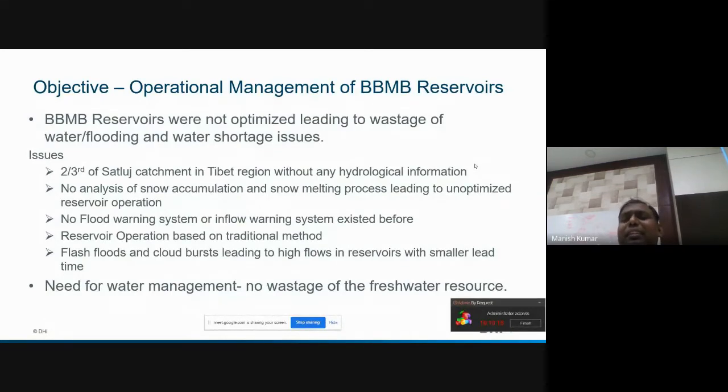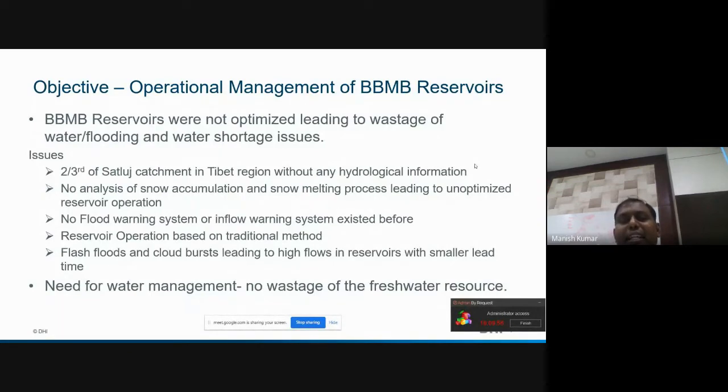They were considering that if a dry or dependable year flow comes, depending on IMD suggestion, they would use that simple time series for reservoir operation. So there was no use of any real-time information for reservoir management.